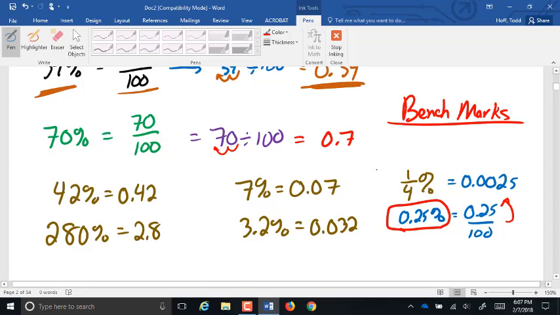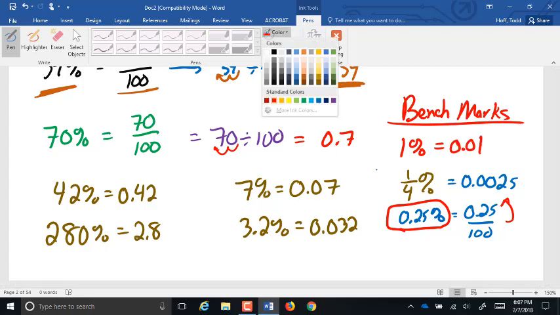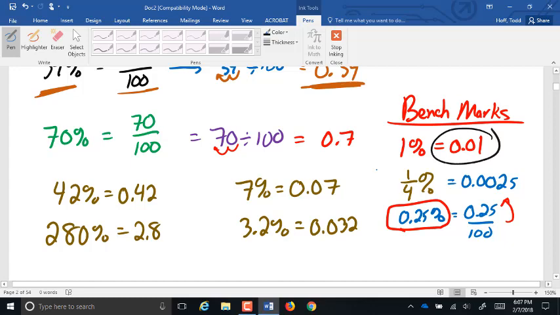But one benchmark that we use a lot is 1%. 1% as a decimal is 0.01. Is 1/4% bigger or smaller than 1%? It's smaller than 1%. So the decimal form for 1/4% better be smaller than the decimal form for 1%.